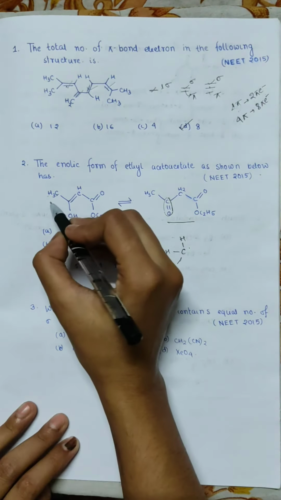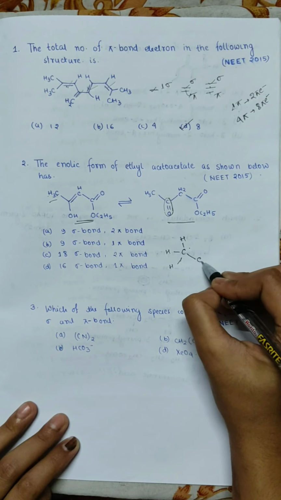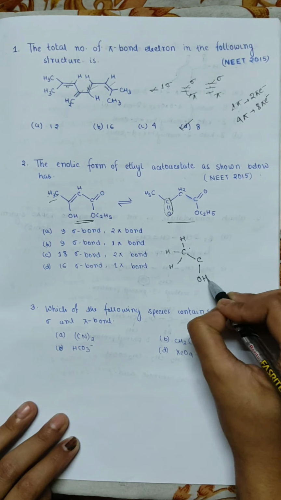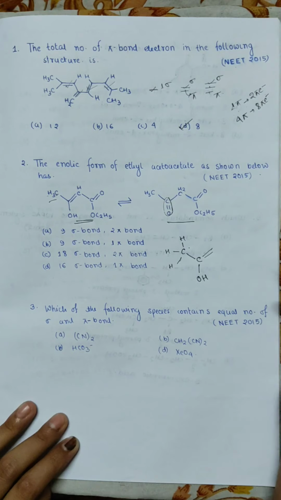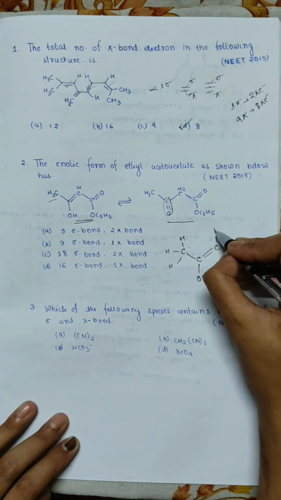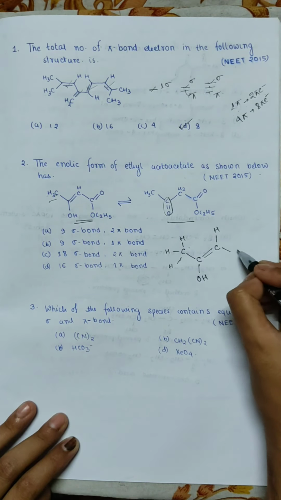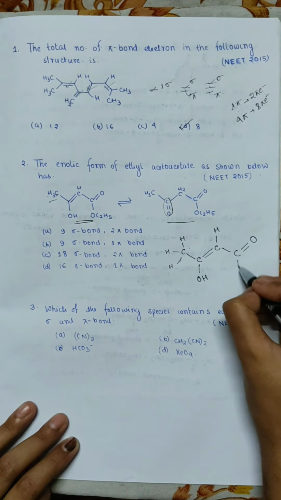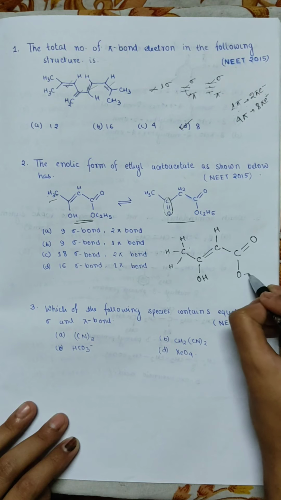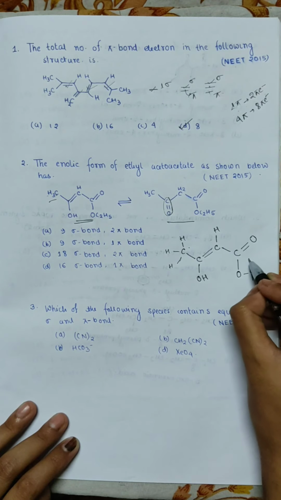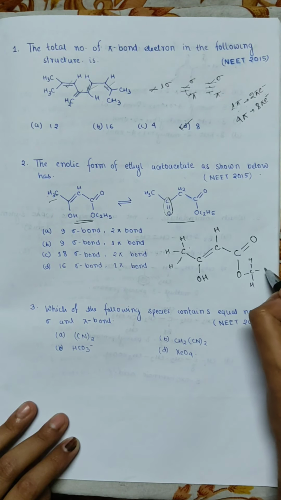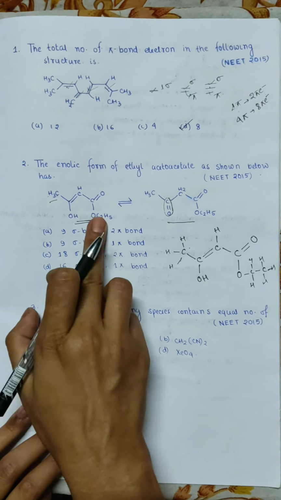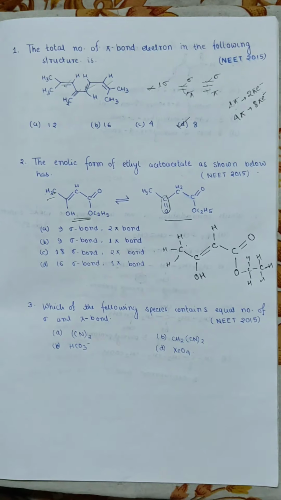CH3, and then carbon which is bonded with one OH, and then it is double bonded with carbon which is bonded with one hydrogen, and single bonded with carbon, double bonded with another oxygen, and there is another oxygen, and CH2 CH3. This is the C2H5 group. I have written it in a complete structure.